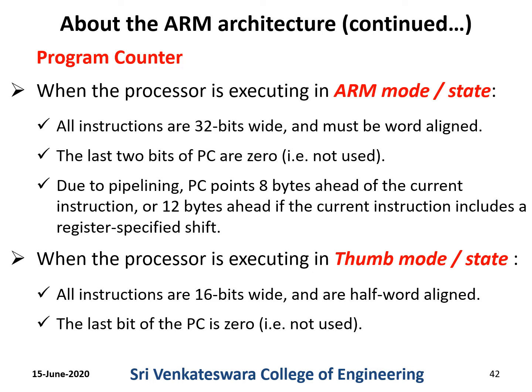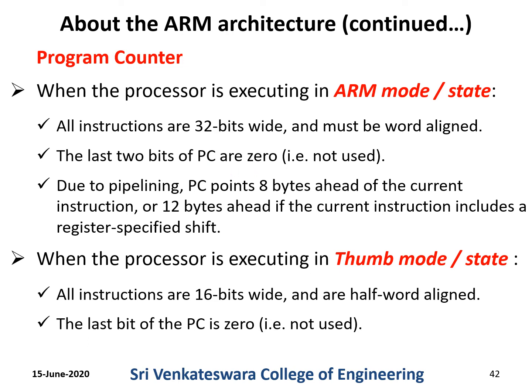So depending upon whether the program counter content is word aligned or not, the processor will be able to identify whether it has to operate in ARM mode or thumb mode. In the word aligned form, the last 2 bits of program counter are 0.